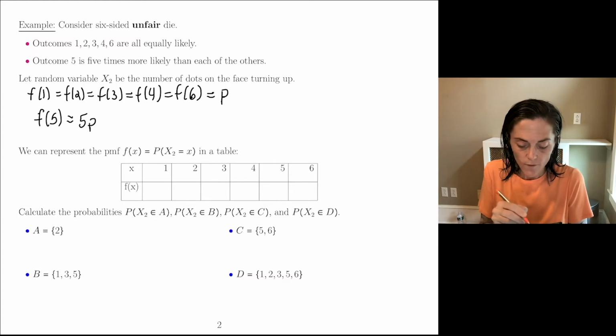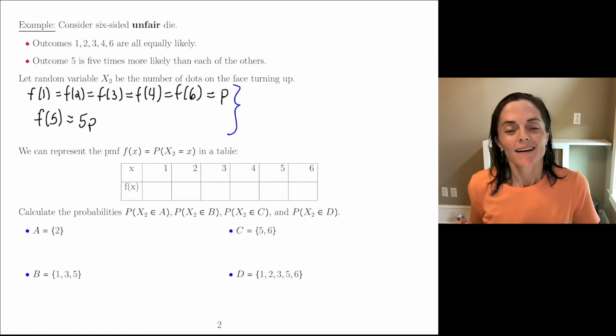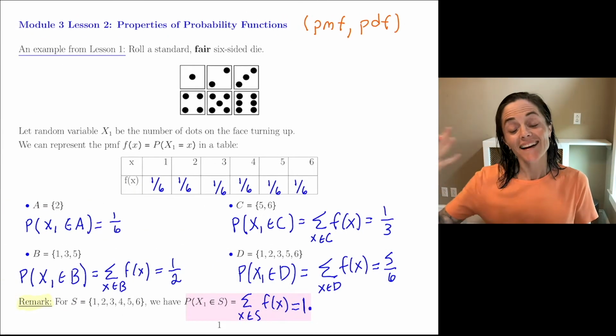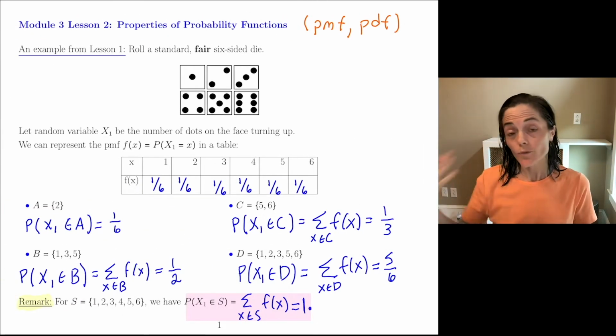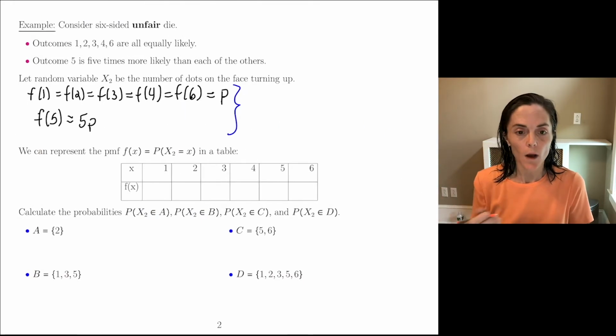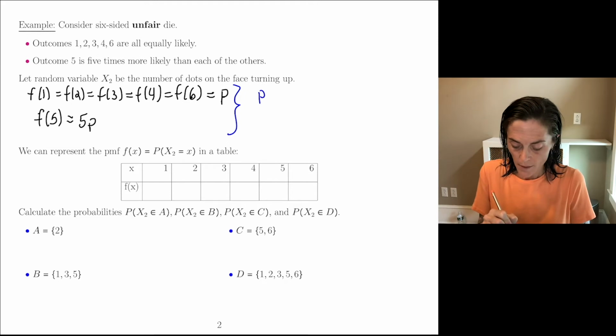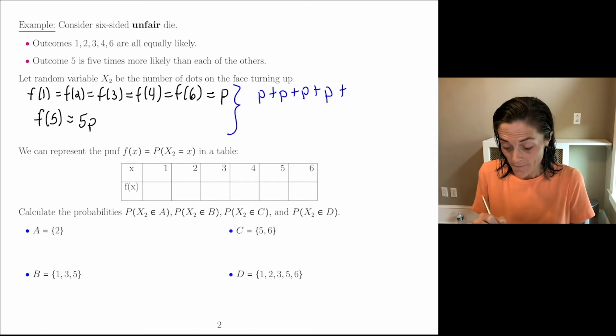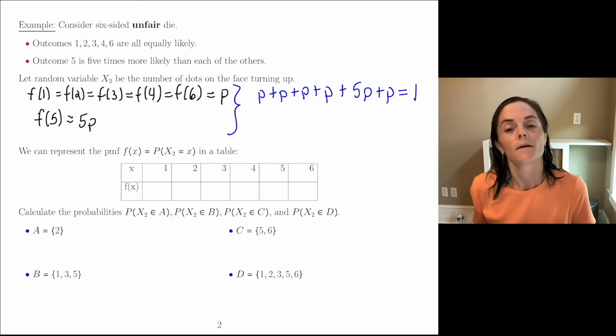Well, how can we figure out what p is? We can use the idea in this remark that one of the 6 faces will turn up, with probability 1. We must have probability of 1, probability of 2, probability of 3, probability of 4, probability of 5, probability of 6, all of this equal to 1.